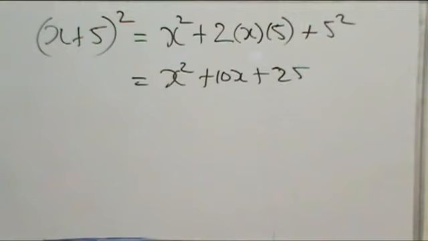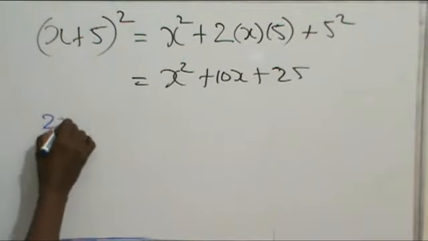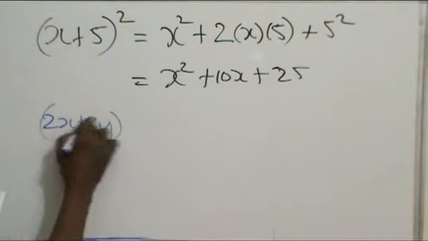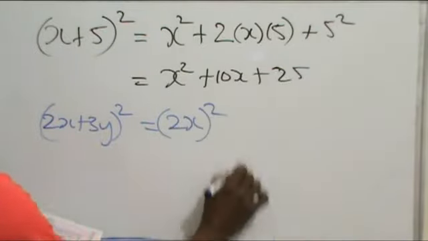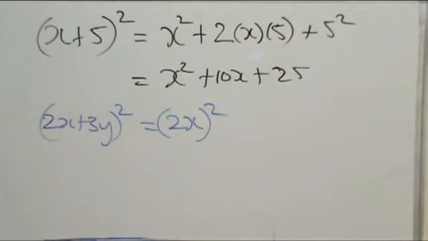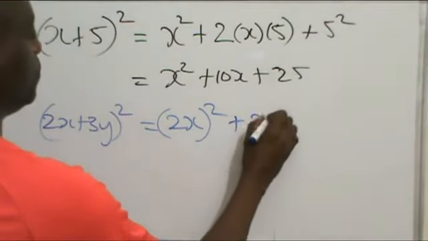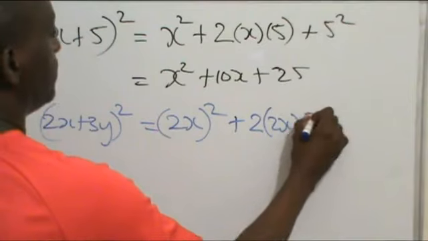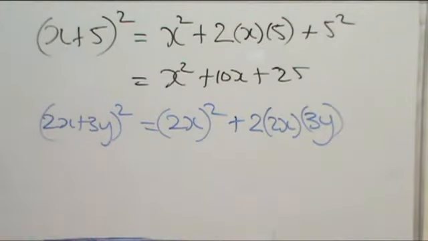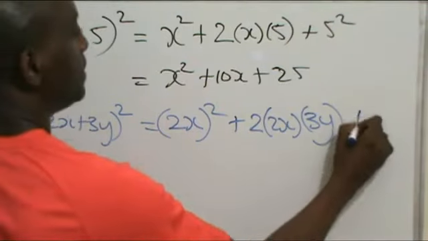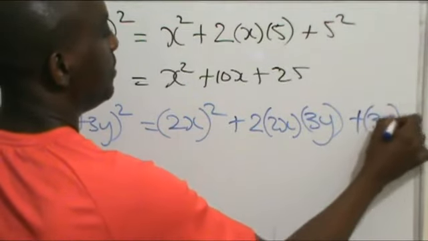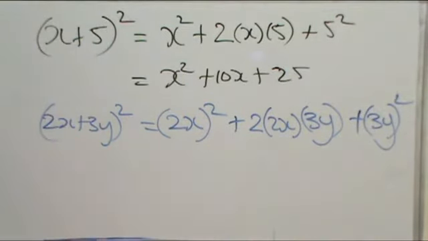Next example. Expand 2x plus 3y. 2x plus 3y squared will be equal to (2x), all in brackets, squared. Notice the brackets, plus 2 by 2x by 3y. So in other words, the first term squared plus 2 by the first term by the second term plus 3y by itself now, all to be squared.